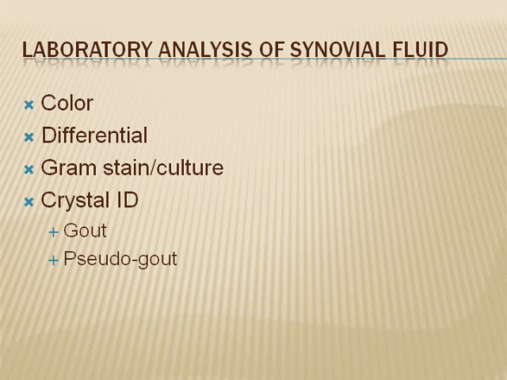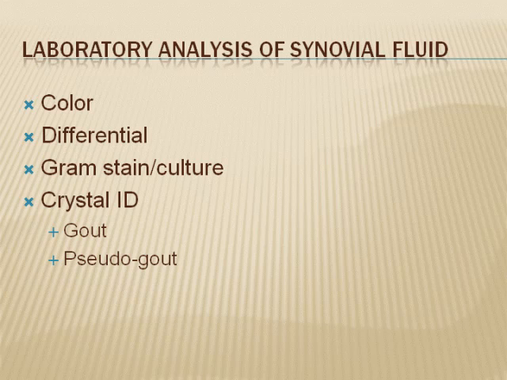Generally speaking, we're not doing any kind of chemistry analysis for synovial fluid, but we are taking a look at crystals. You do need to have a polarizing microscope to take a look at the crystals. Calcium pyrophosphate crystals could also be present, and that would be the cause of pseudogout.